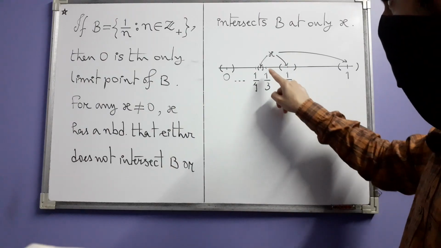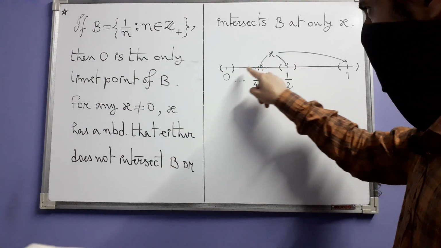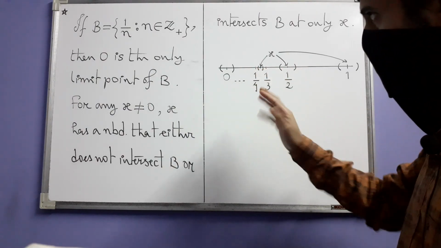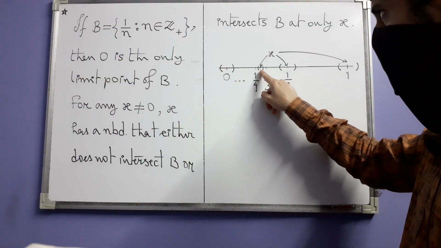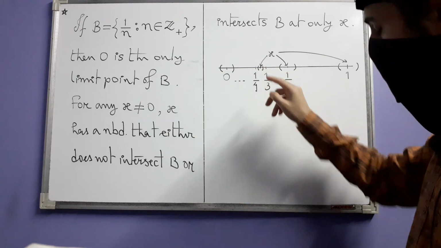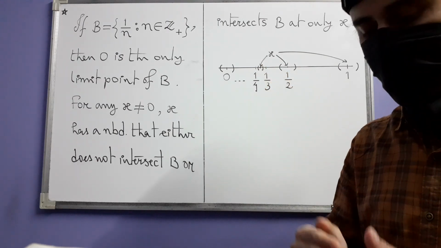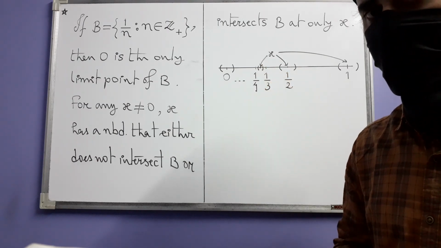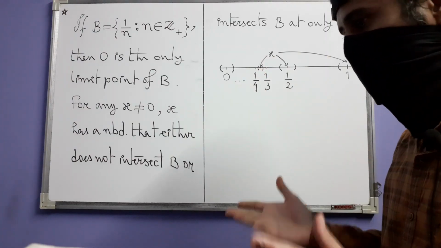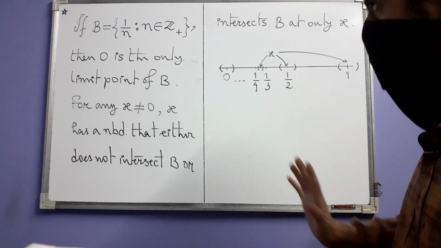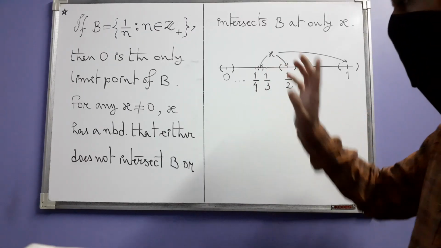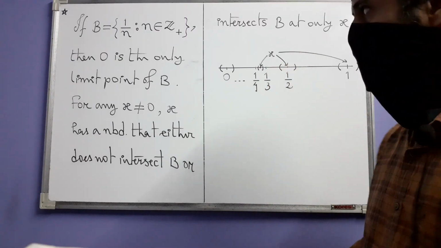However, if your x is a point which lies here somewhere but that is not in B, say it lies between this 1/3 and 1/4, this x, then also there will be a small neighborhood depending on the location of the point that does not intersect B at all. Inside that neighborhood there is no point of B. So no such point is also a limit point.